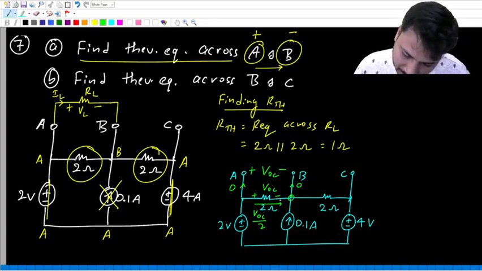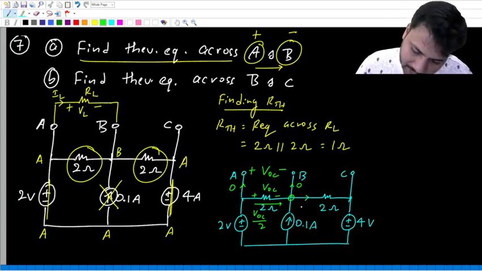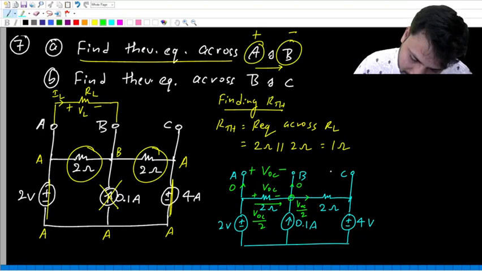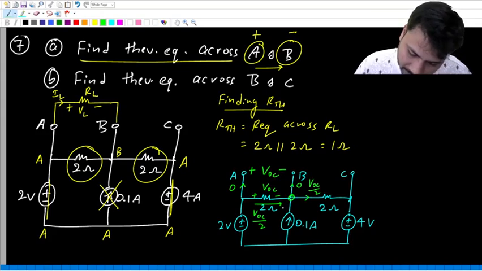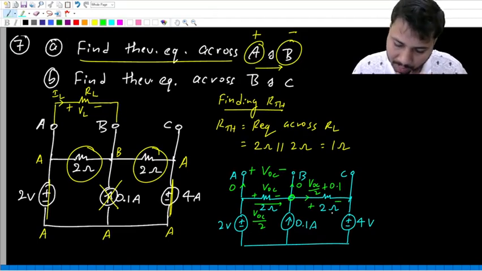Now at this point, 1 is entering, VOC by 2 is also entering. So what will this current be? This current will be VOC by 2 plus 0.1. Yes or no? Writing KCL here will give you VOC by 2 plus 0.1. This will result in a drop across 2 ohms with this polarity.